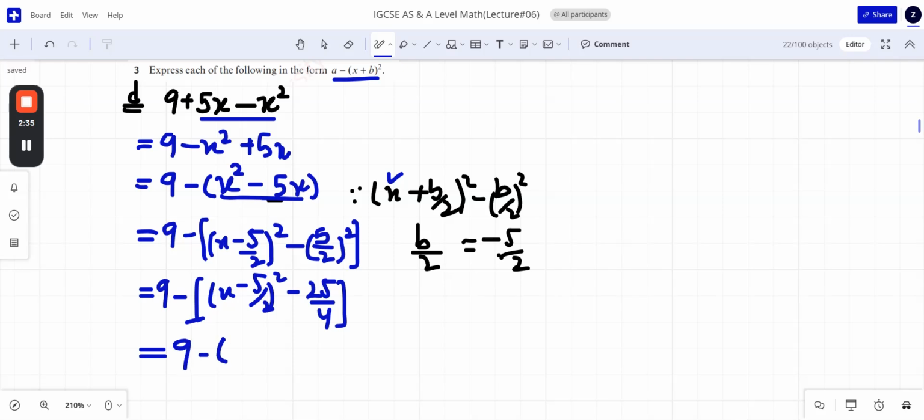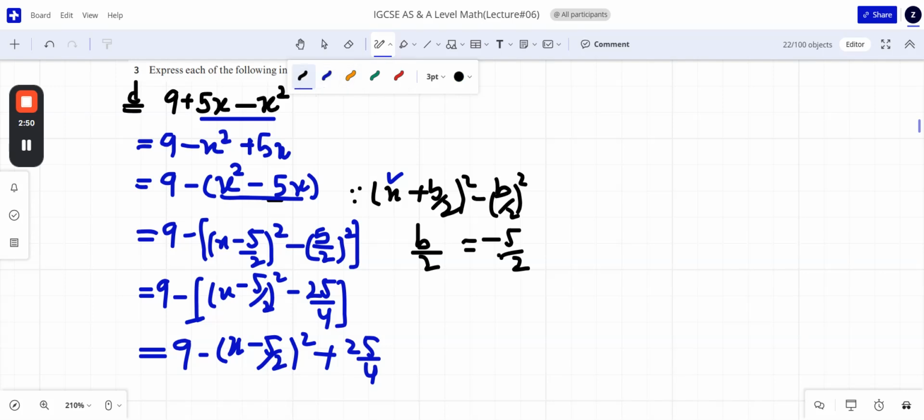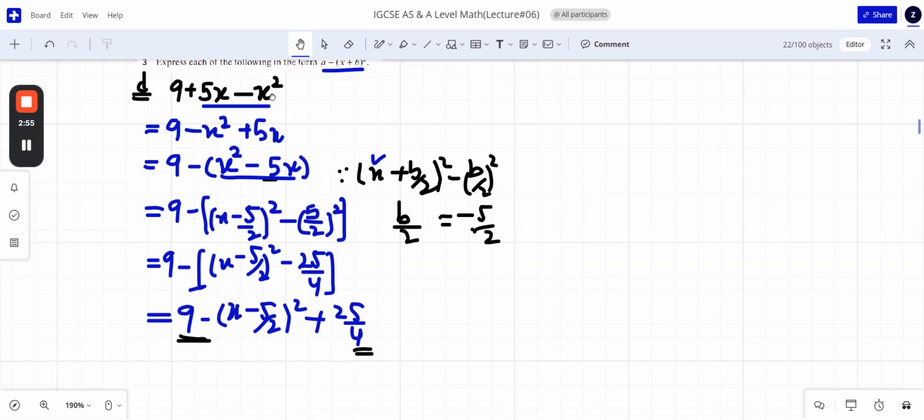So it would be minus x minus 5 by 2 whole square, then minus minus makes plus, so 25 by 4. Now 25 by 4 and 9 are both constant values, so we will write them together to rearrange the terms.